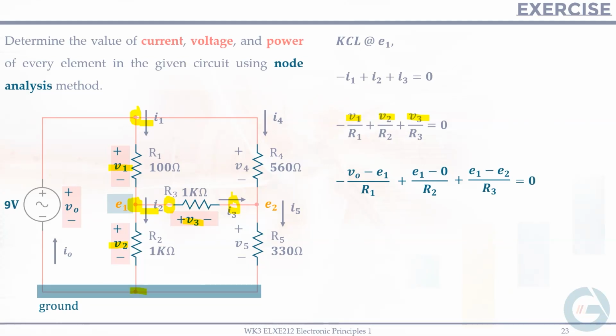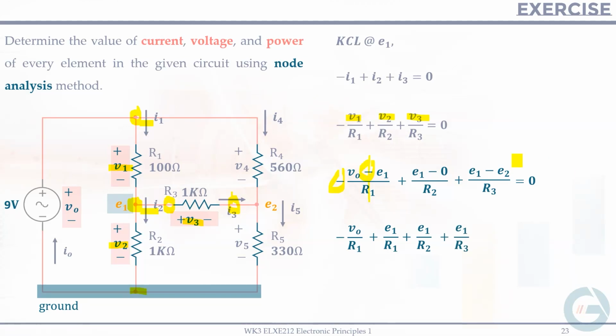Okay, next is to separate this term. So they have a common denominator R1. We have negative V over R1. So negative and negative, we have plus E1 over R1. So remove that 0. Plus E1 over R2 plus E1 over R3.